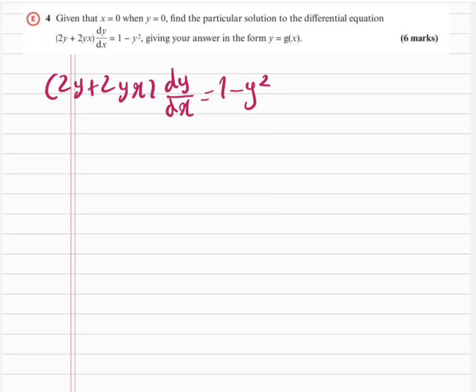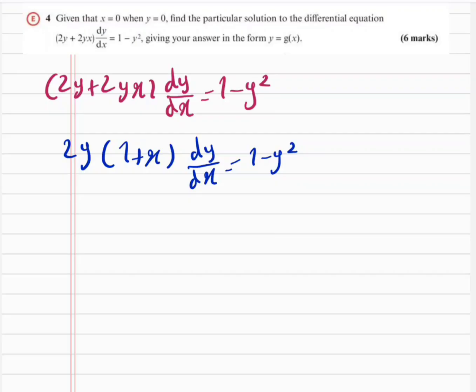In this case, we want to use separation of variables, because one thing that we can do at the beginning is simply take a factor of 2y on the left hand side, and that gives us 1 plus x. On the right hand side is just 1 minus y squared. Now we can divide both sides by 1 minus y squared, and also divide by 1 plus x afterwards.